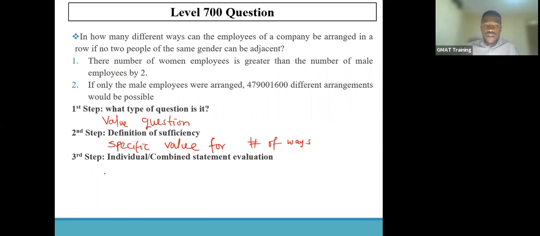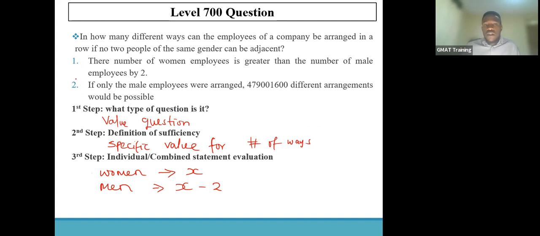So if we take the number of women to be X, then the number of men would be X minus 2. You would have X minus 2 male employees.